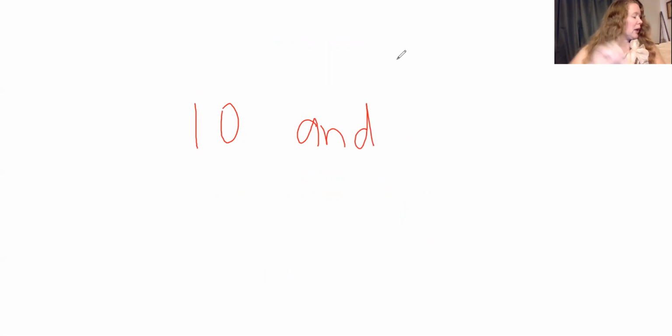Okay, so on number 1, they did it for you. They have a 10, and then they have the word and, and then they have how many are in the second 10 frame? 1. And we know that that equals 11. Well, when you get older, you're going to see that this becomes an addition problem. So let's learn it right now.